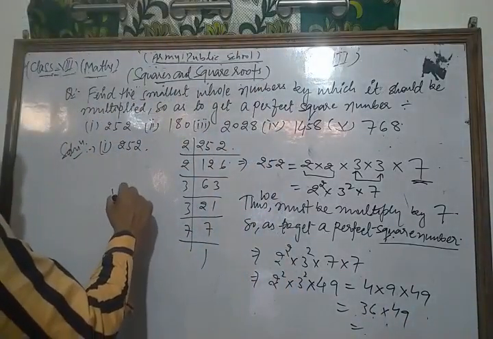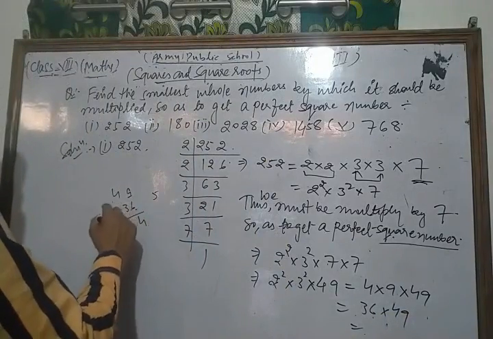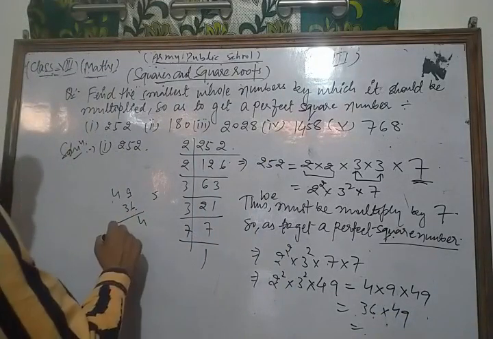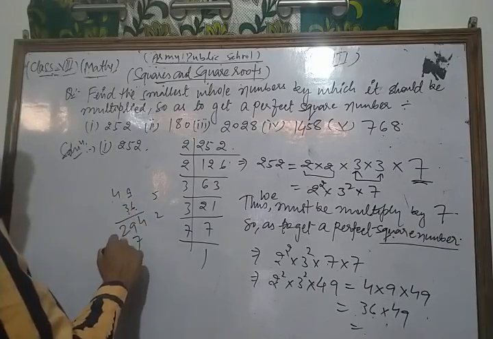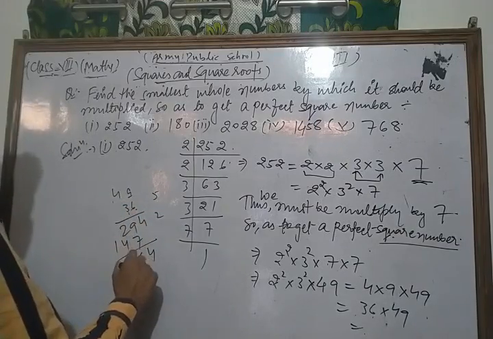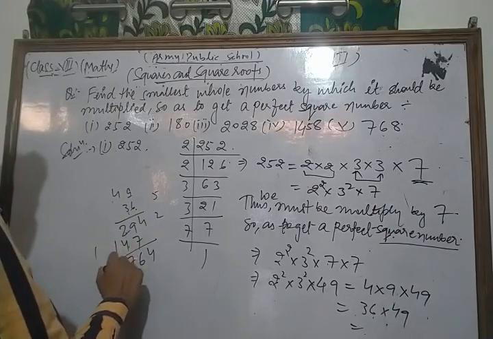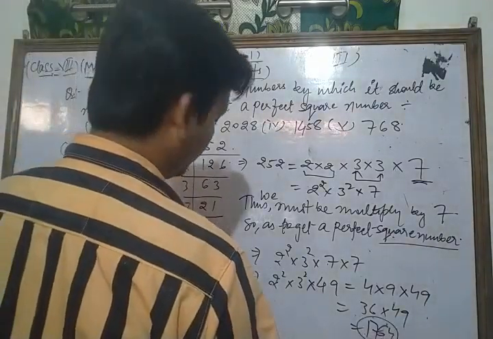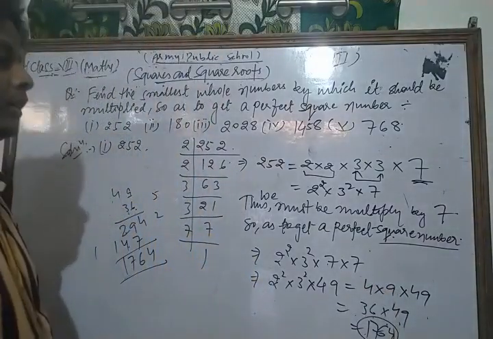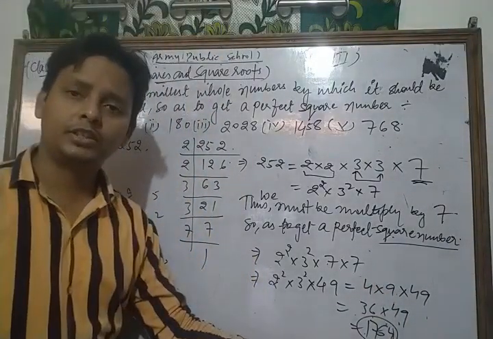Let's see, that number is 1764, which is the perfect square.